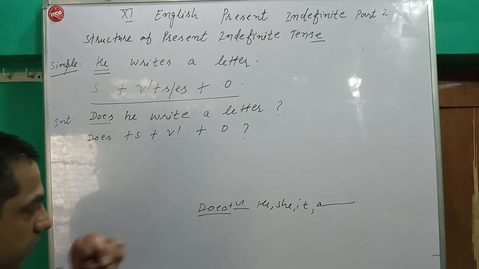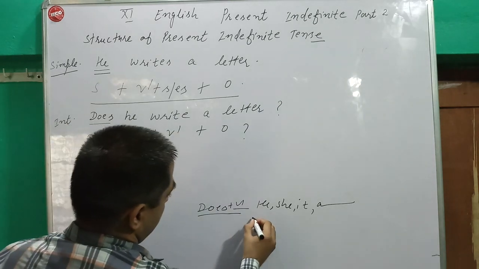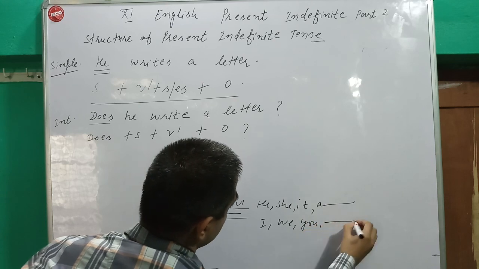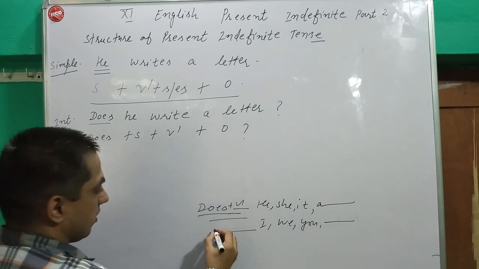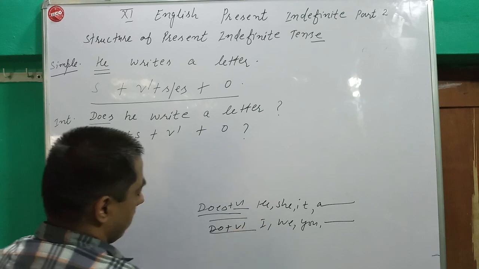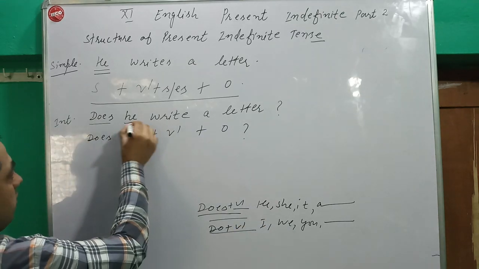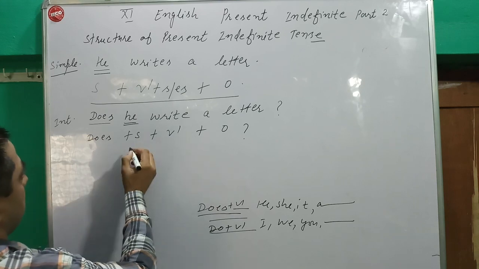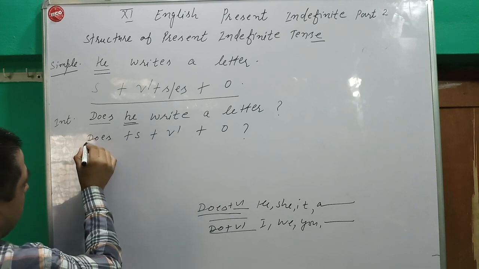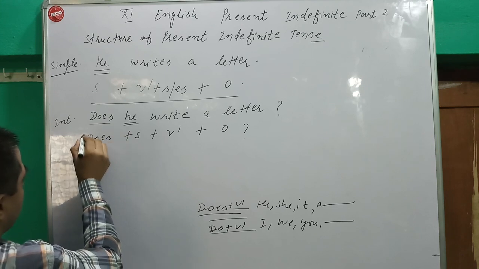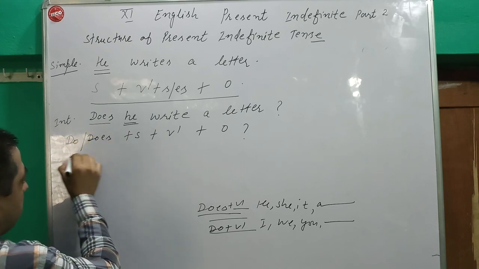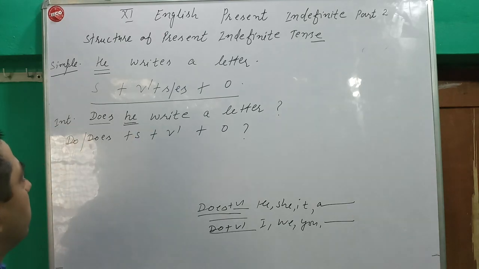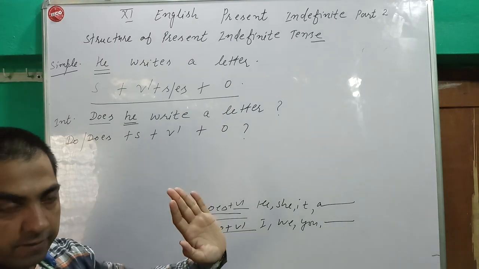Okay, but when the subject is I, we, you, they, or any plural thing in an interrogative sentence, then you should apply do plus first form. If we write I in place of he, then you should apply do in place of does. Okay, that's why this will be the structure of the interrogative sentence of present indefinite tense.